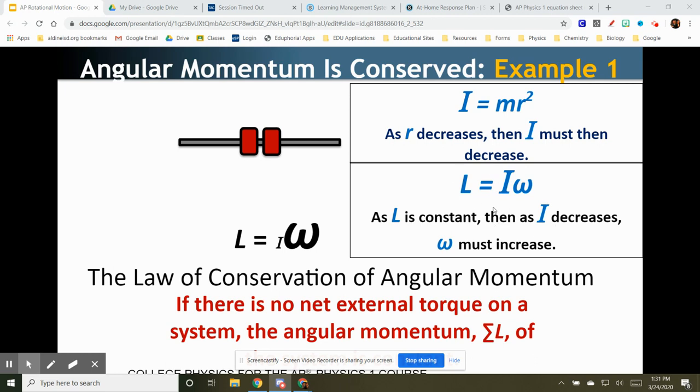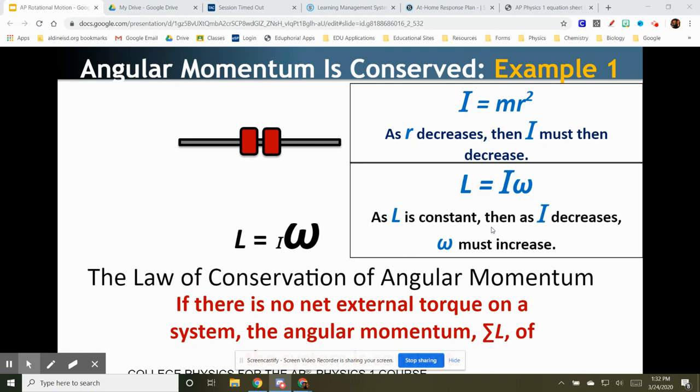So then the second idea here is, remember, your momentum is going to be a constant because that's the whole idea of conservation of momentum. So as L is constant, then as the moment of inertia decreases, then angular velocity must increase. This is the famous scenario of an ice skater, and when they have their arms outwards and they bring them in, they go faster.